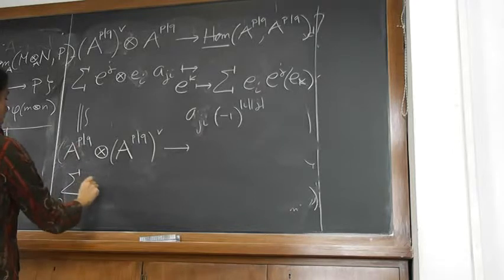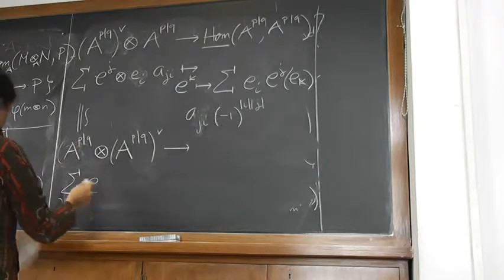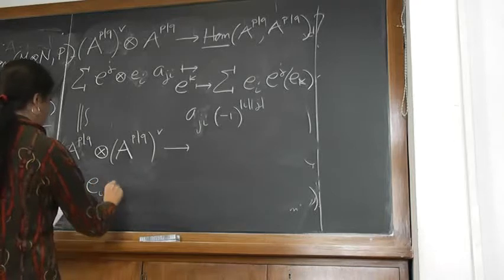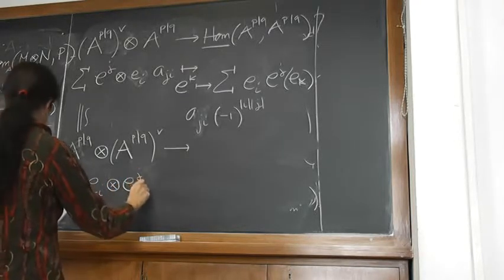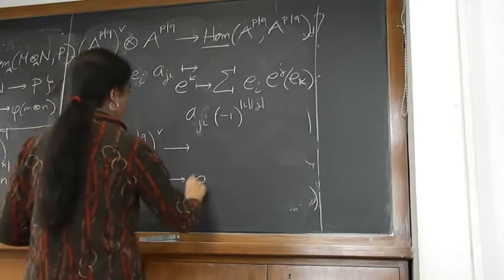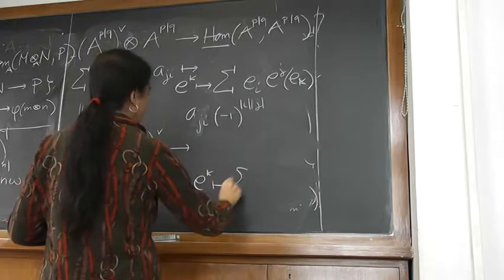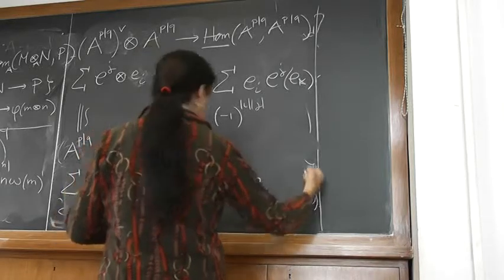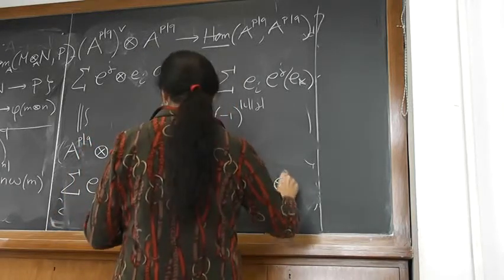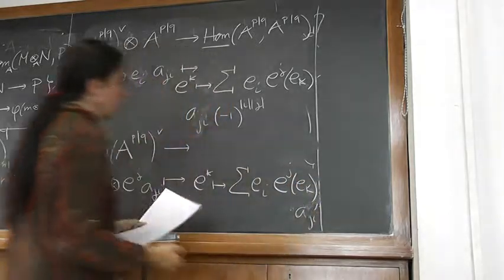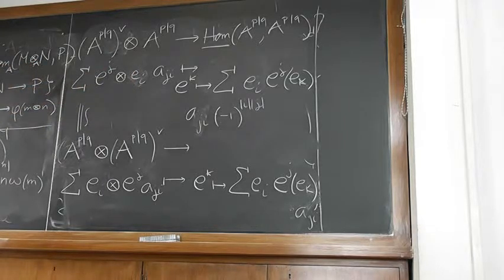It's very relaxing, this. And then when I go to the other, I have no problem, because E_K will go without any sign. We go to E_I, and then E_J, E_K, A_JI. So there is no sign, right? This is the trick.